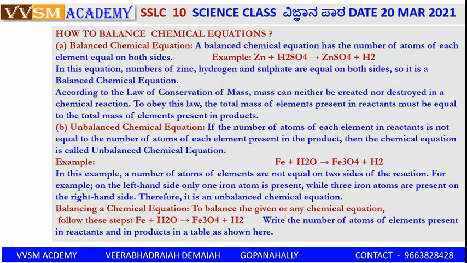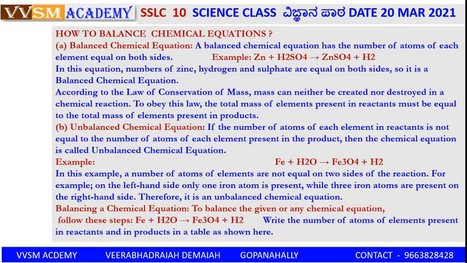In this equation, the numbers of zinc, hydrogen and sulfate are equal on both sides, so it is a balanced chemical reaction. The number of atoms on the left hand side is always equal to the number of atoms on the right hand side. That is, the number of atoms present in reactants is equal to the number of atoms present in products. That is a balanced reaction.